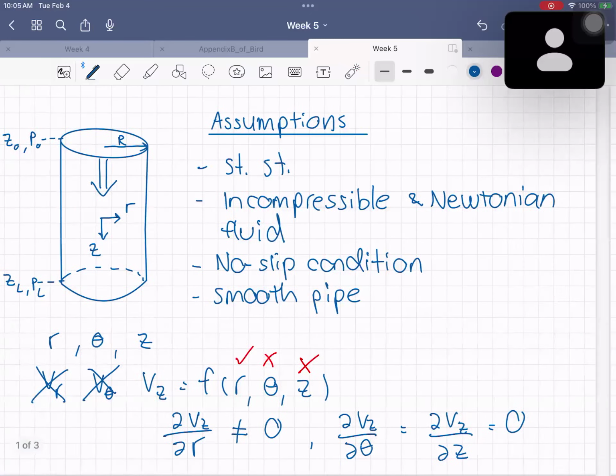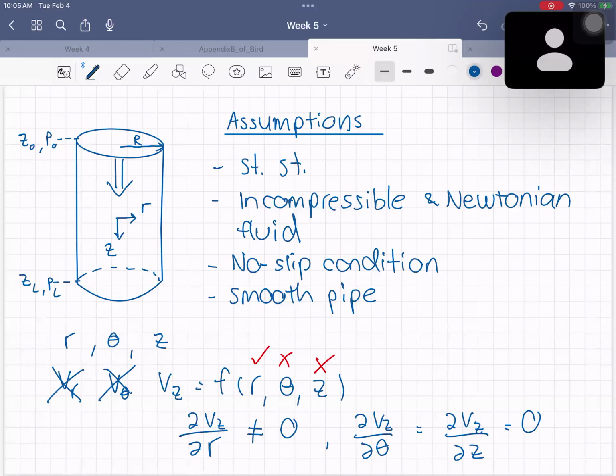yeah, just go back to the picture right here, okay? So let me define it like this. Can I move this for a second? In this picture right here, if you define your coordinates, which is the cylindrical coordinates, right, if you start right here at the top of the pipe, this is R, this is Z, okay?